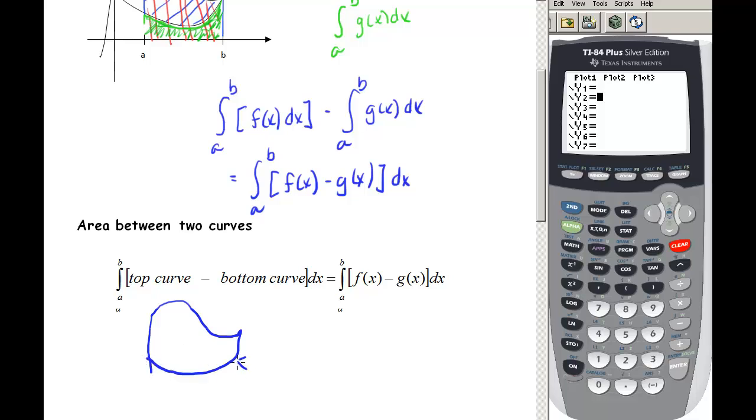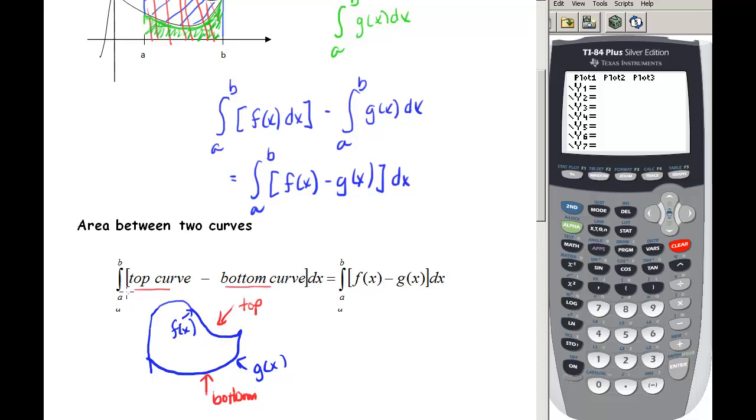And this function here was our g of x, and this function here was our f of x. The f of x defines the top side of our region. So this is the top of our curve. And this side here is the bottom of our curve. So we're going to take top minus bottom.